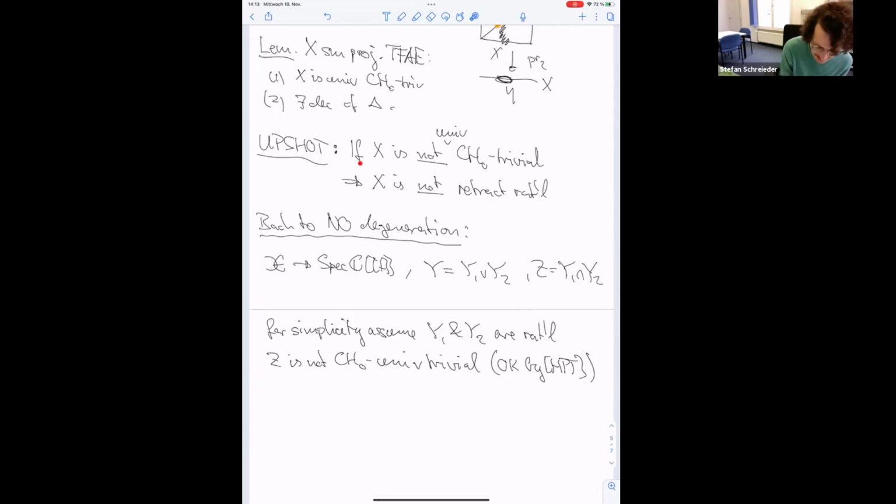So I would like to say that the group of zero cycles of X must be big, if something like that happens. But now you see, if Y1 and Y2 are rational and everything happens over an algebraically closed field, then after every field extension, the Chow group of zero cycles of Y is just trivial.